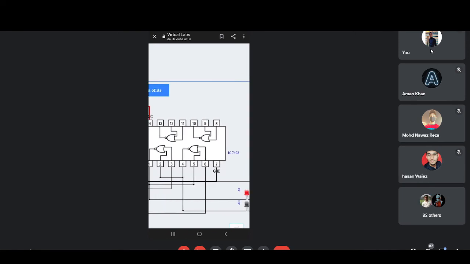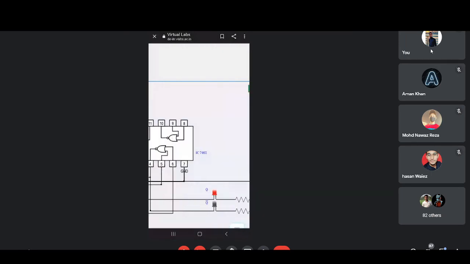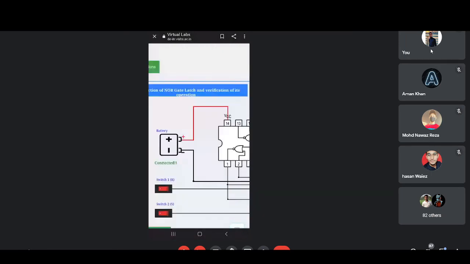So this is the circuit diagram we have seen last. We have made the circuit by using NOR gates, and we have output at Q. We have inputs R and S. So what should be the value of R and S?